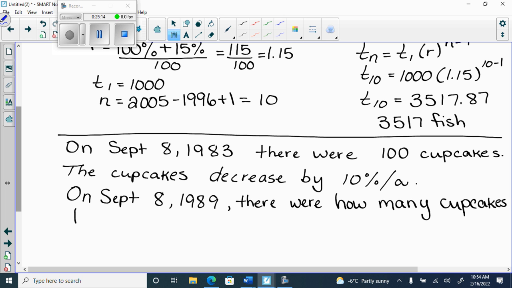It should say how many cupcakes were left on September 8th, 1989, but it's fine. It's not English class. However, when I write questions for the diploma, this is not how they would be written. How many cupcakes were there on September 8th, 1989 would be the correct way, but I'm going to be a rebel and write it terribly. On September 8th, 1989, there were how many cupcakes left? It's awful. Enjoy.